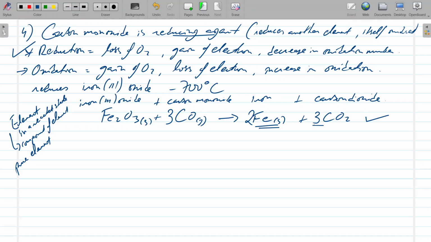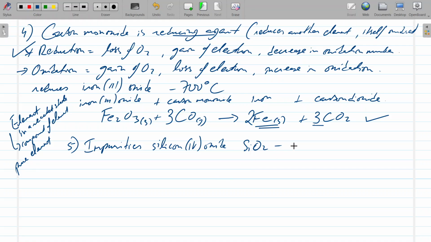Then you have, remember you got calcium oxide, and so the impurity. You've got silicon 4 oxide impurities, silicon 4 oxide, which is SiO2.